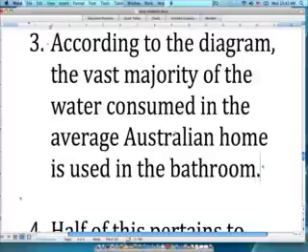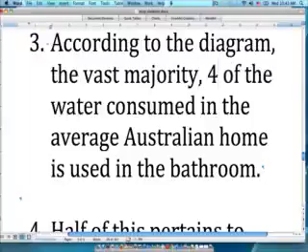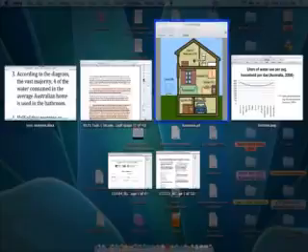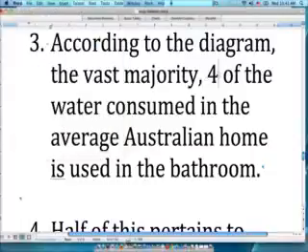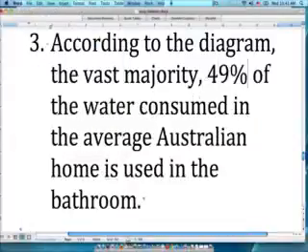Now, I'm going to stick in the figure here too. According to the diagram, the vast majority, comma, let me just get that diagram out here again. I think it was 49%, was it? 23% plus 26%, 49%. The vast majority, 49%, comma, of the water consumed in the average Australian home is used in the bathroom. Okay?